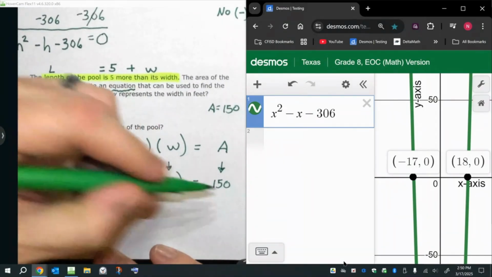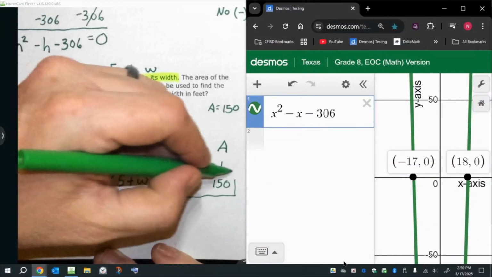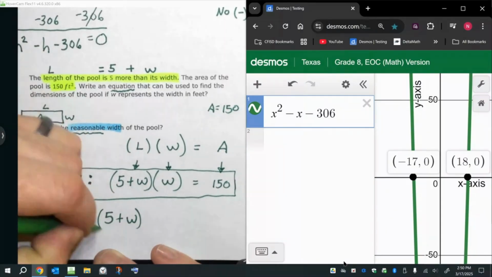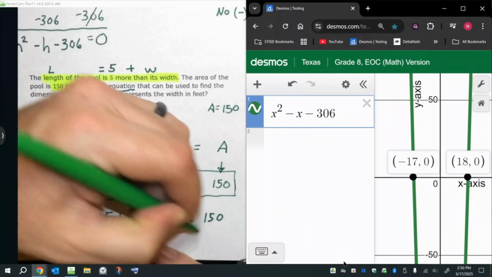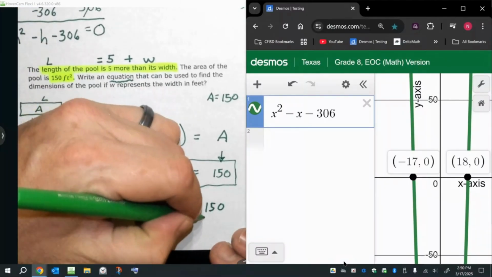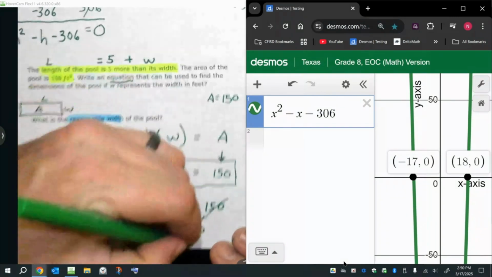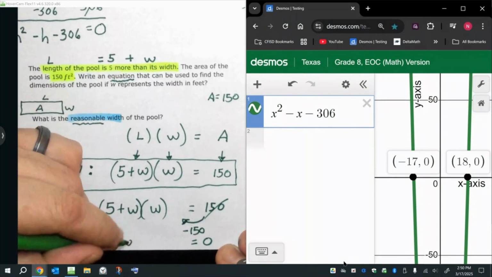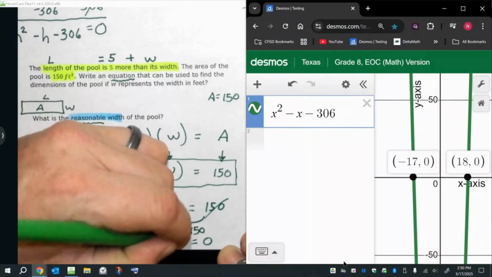Well, first of all, that's our equation. And then if I have 5 plus W and W over here equals 150, and I subtract 150 from both sides, so that now equals 0, then I'm going to have W times 5 plus W, and then minus 150.